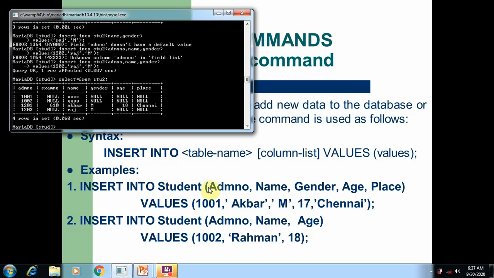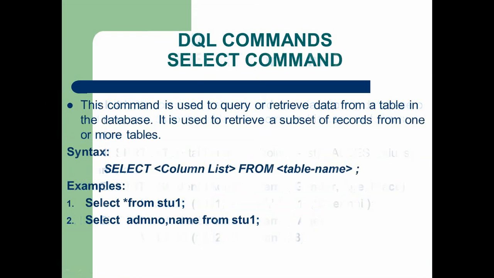Next topic is how to use the select command. Of course we already used the select command to view the table data. If you want to view particular columns from the table, see here in the example, select. You should not use this asterisk. Asterisk means all columns. Here you can use the column names which you want to view from the table. So admin number, name from st1.